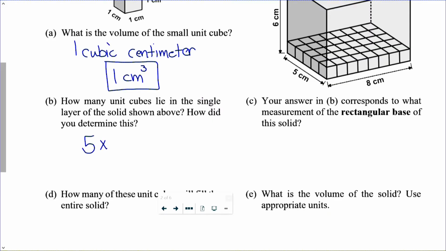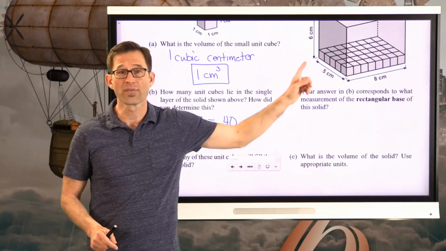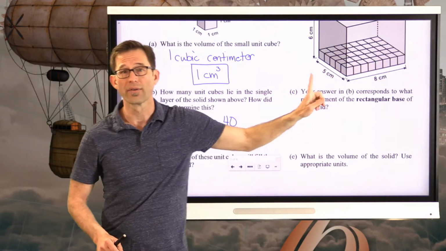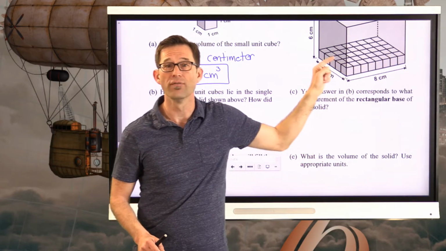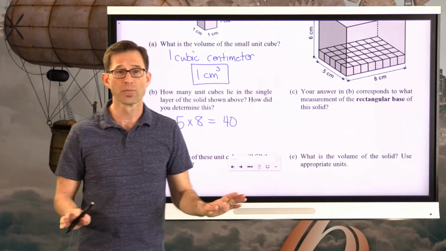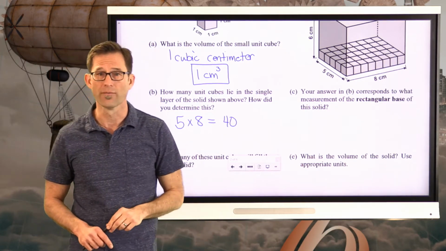I've got 5 times 8, I've got 40. And again, it's as simple as the fact that I've got a row of 5 and then 8 of those rows, or I've got a row of 8 and 5 of those rows of 8. Either way, it's either 5 times 8 or 8 times 5. Multiplication is commutative, so there's 40 of them.